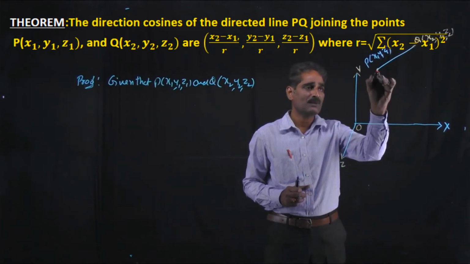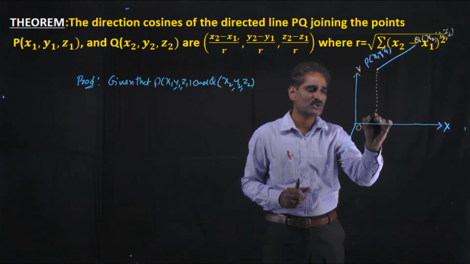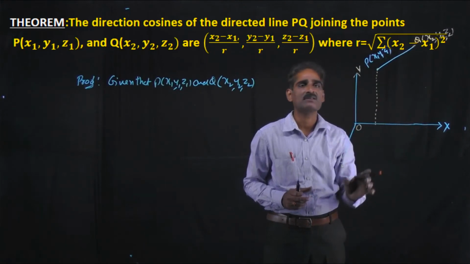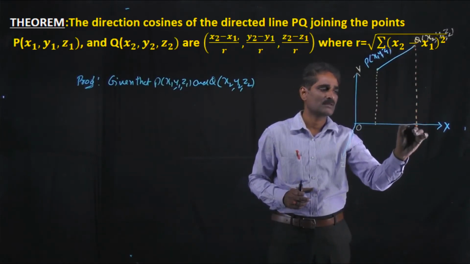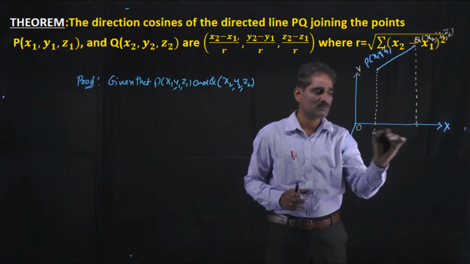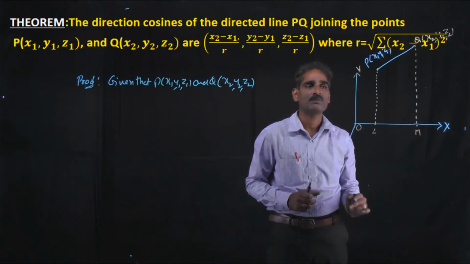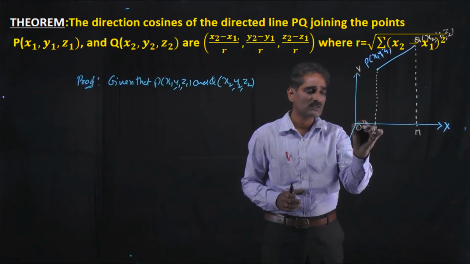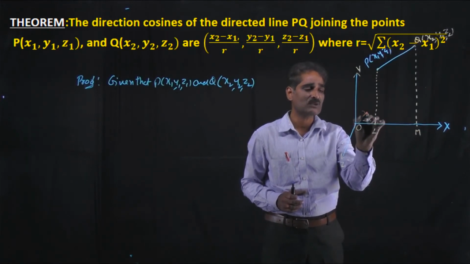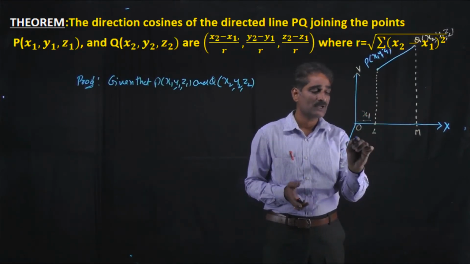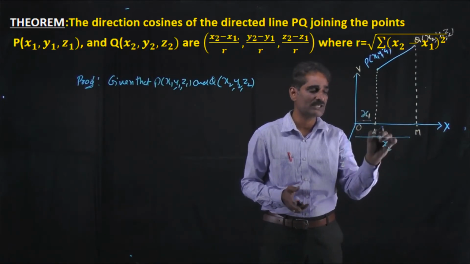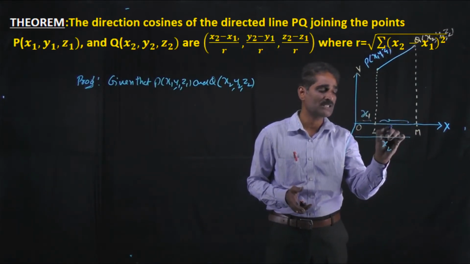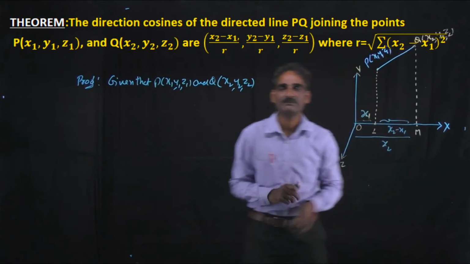So draw the perpendiculars from these points to the x-axis. Let the intersection points be L and M. This length is nothing but x1. The whole length is nothing but x2. This is x1, this is x2. The length of this part is equal to x2 minus x1.